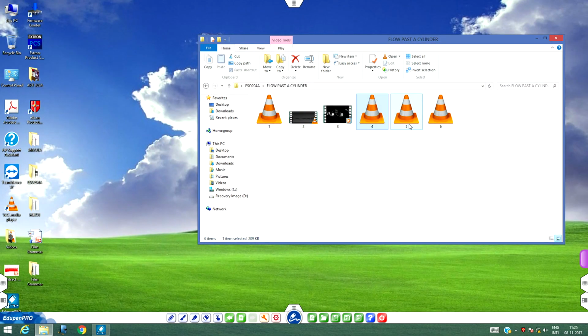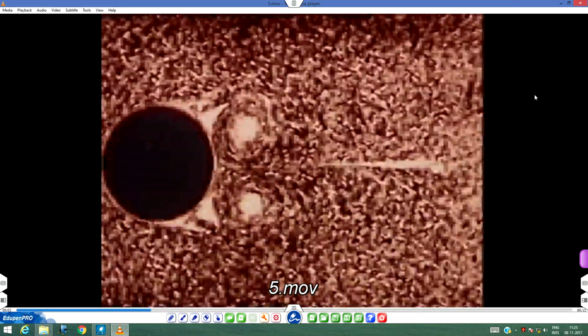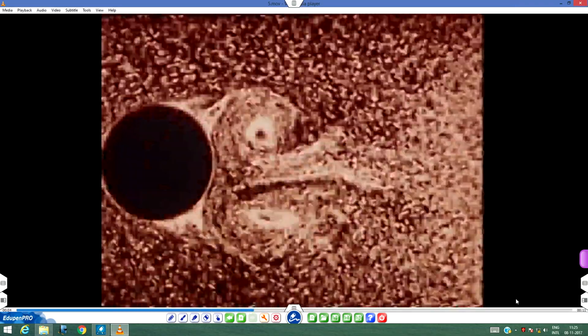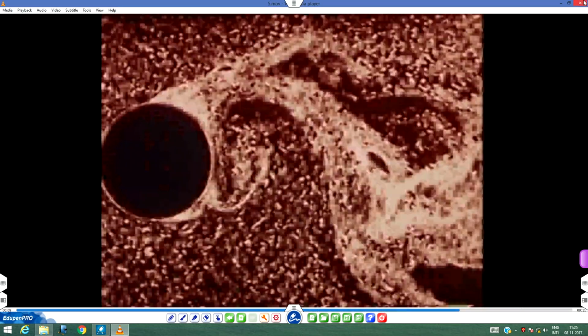This you can see the boundary layer, it is sticking to it and there is a point of separation. So, this video just illustrates the point of separation. No, this is formation, you have a boundary layer separating and rolling up. That was that video.